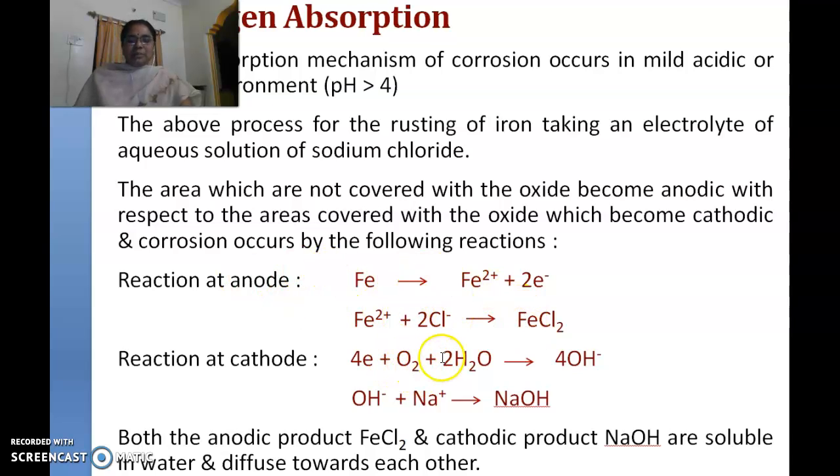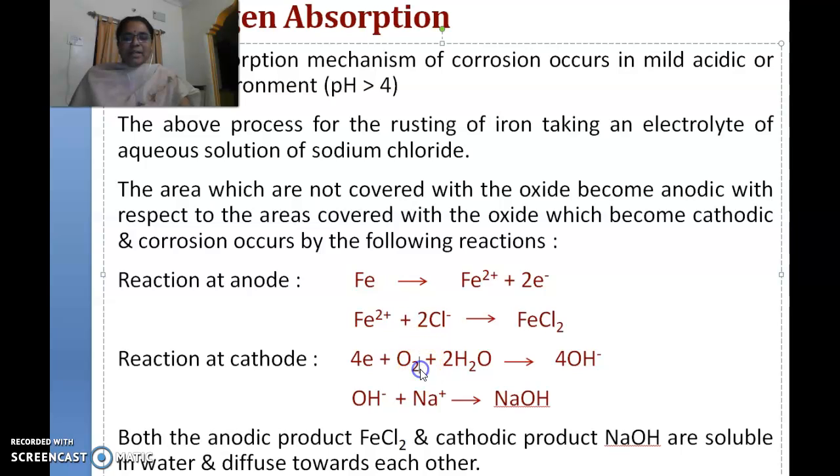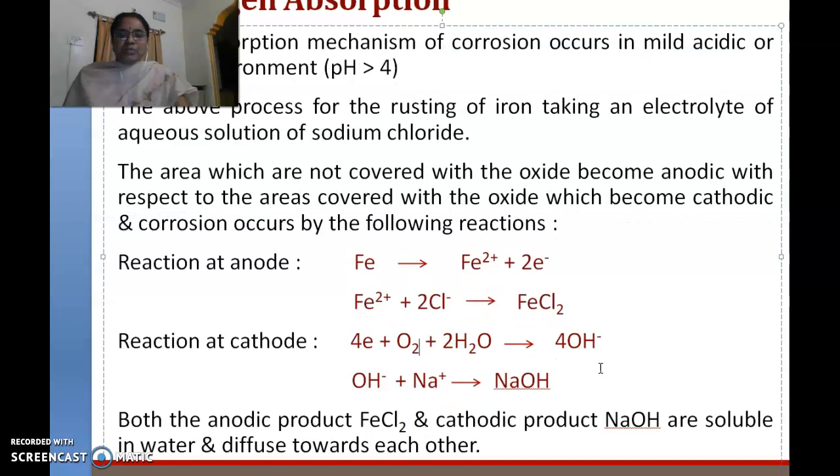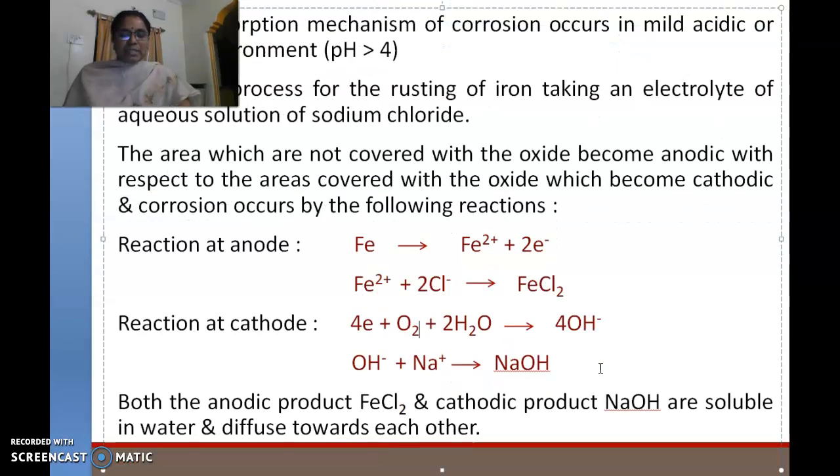The electrons lost are going to be captured at oxygen, because the case is oxygen absorption, and in the aqueous medium H2O is going to convert into 4OH minus. So if you consider equation 1 from anode and equation 1 from cathode, Fe2+ and 4OH minus combine together to form Fe(OH)2, right?